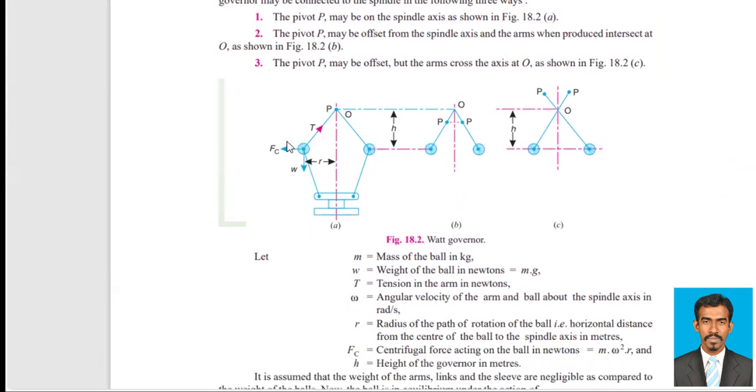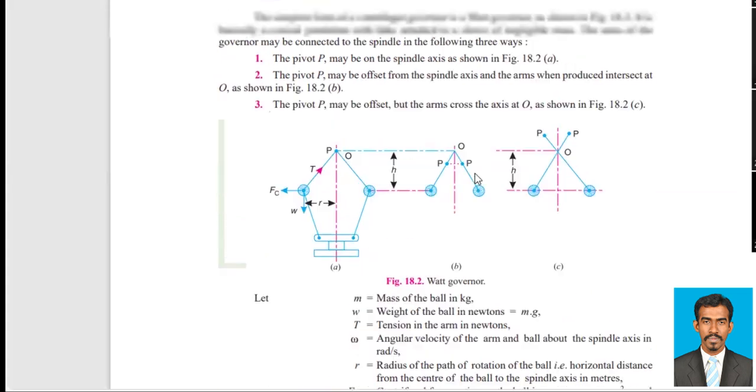Then Fc is the centrifugal force, which tends to act outwards. And here is the tension, since there's an arm and a ball, there should be some kind of tension. These are a few terms we usually use in governors. And there's omega, which is the angular velocity, you know.